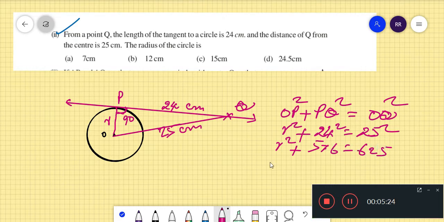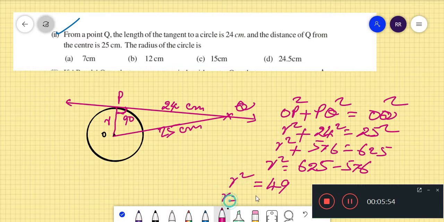Okay, then R square is equal to 625 minus 576. Okay children, 625 minus 576, then we get 49. R square equal to 49.